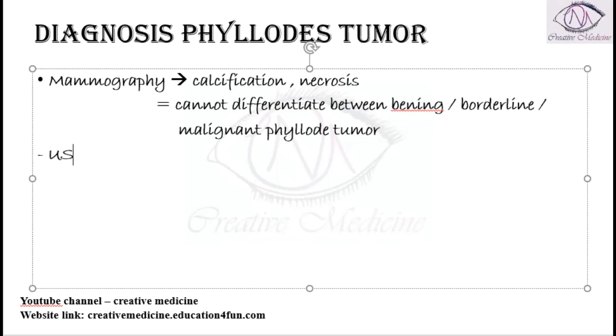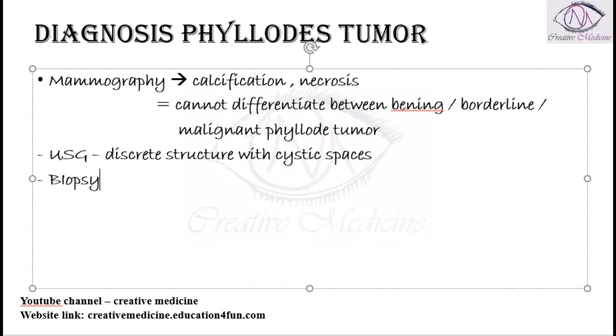Even if you do an ultrasonography, you can see a discrete structure with cystic spaces, but you cannot differentiate between benign, borderline, and malignant Phyllodes tumor. So for that, we should do a biopsy. Biopsy is actually diagnostic in these cases.